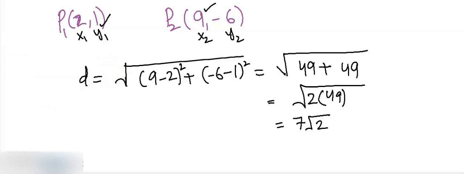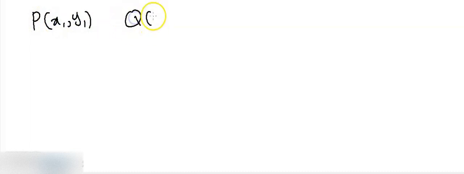Now we are going into some of the applications of this formula, where we can use it. Let's see some examples. Suppose you are given a triangle whose coordinates are given, let's say P x1 y1, maybe Q x2 y2, and maybe R, which is x3 y3.